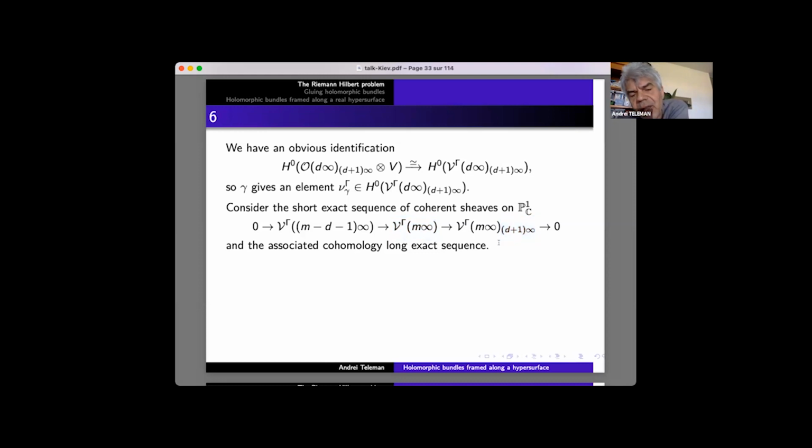So if you say, I take the D plus 1 ordered jet of my section. Okay, so this is a short exact sequence of sheaves, and then you know the story.